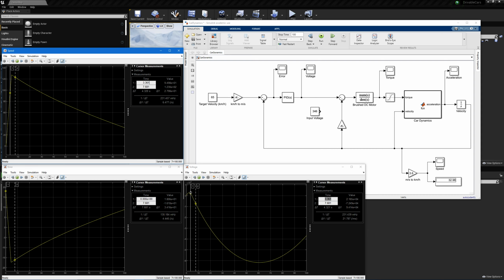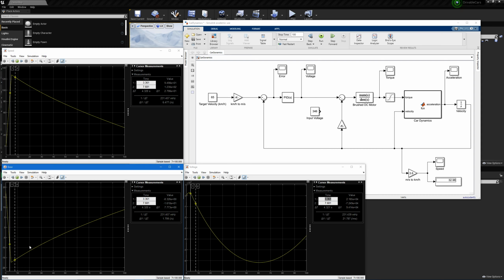By the way, the error signal at this moment is already going negative, but the PID controller didn't immediately change the sign of the voltage. It's still generating positive voltage because it doesn't want to change the signal too fast, so it's trying to gradually decrease the signal.